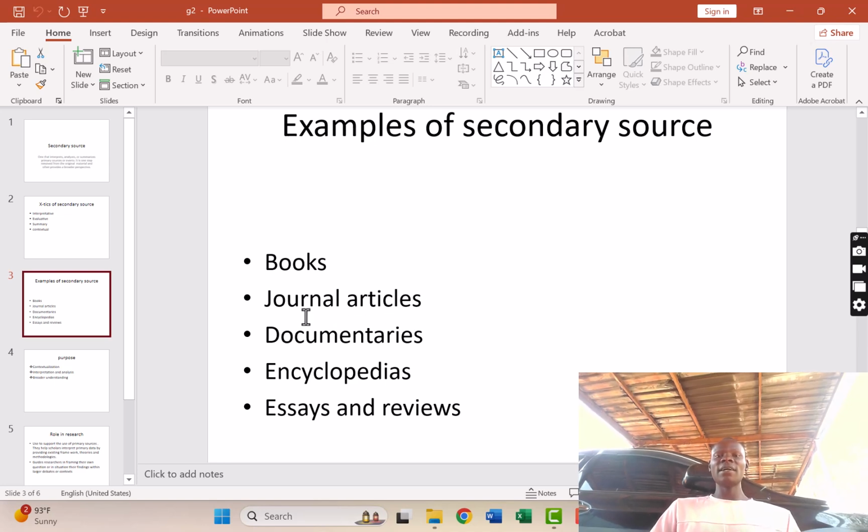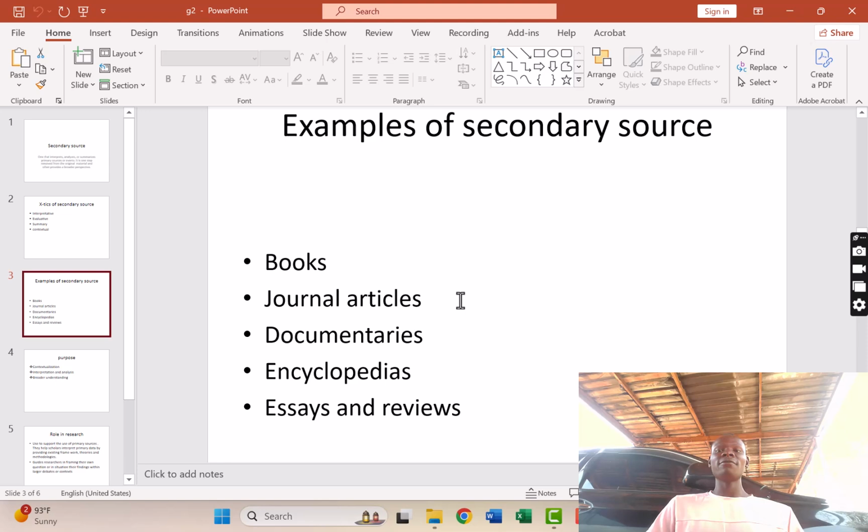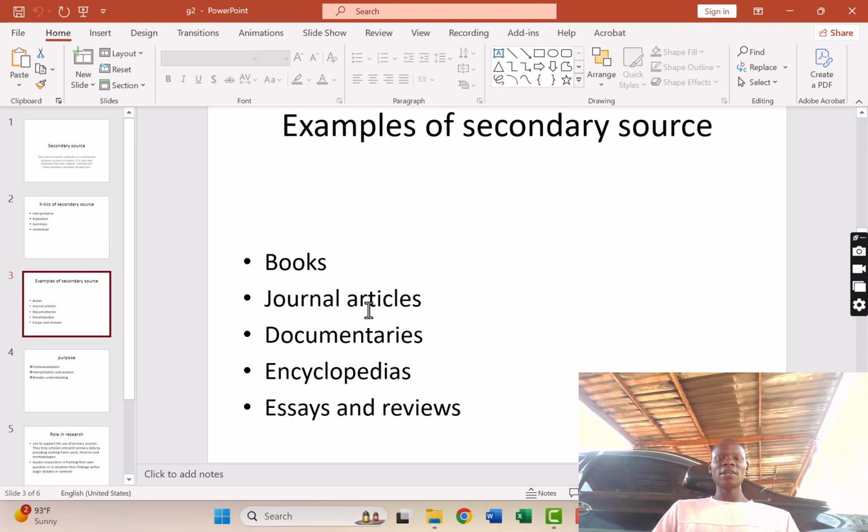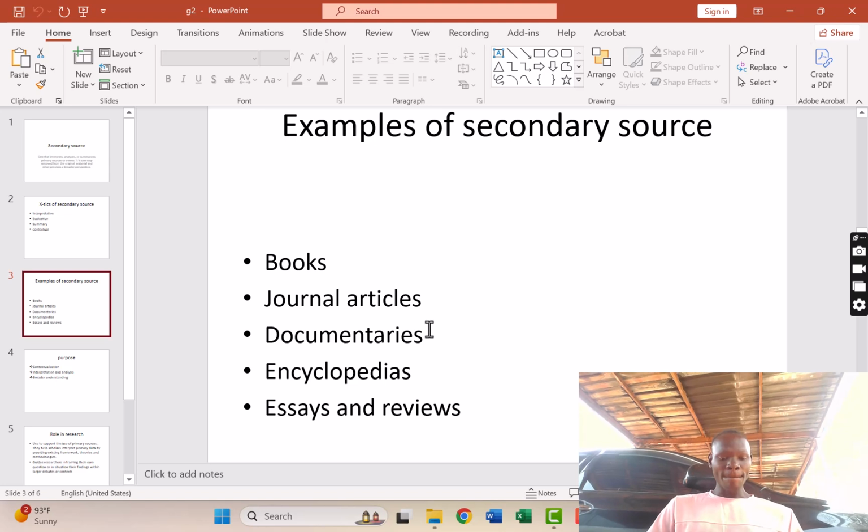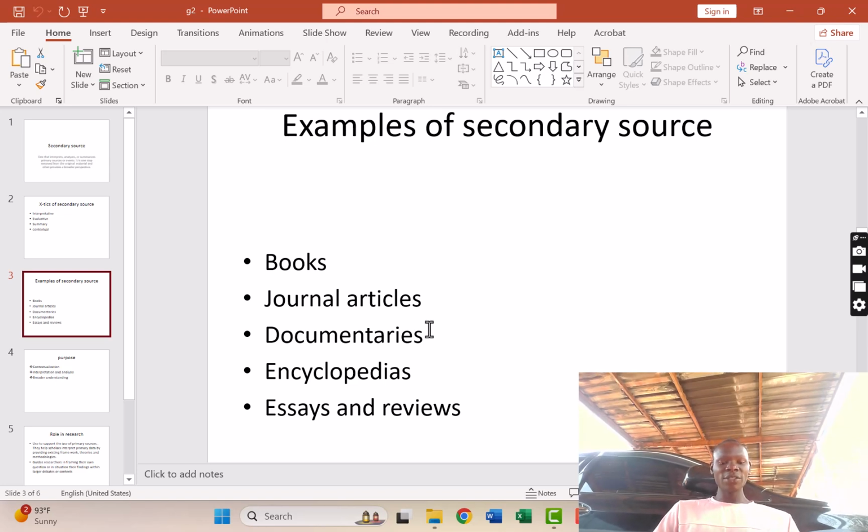You can get them under journal articles, which is an example of secondary source. You also have documentaries. These are films or videos that tell the story of historical events or individuals based on archival material, interviews, or expert commentary.